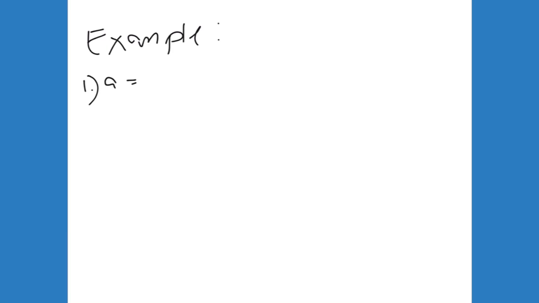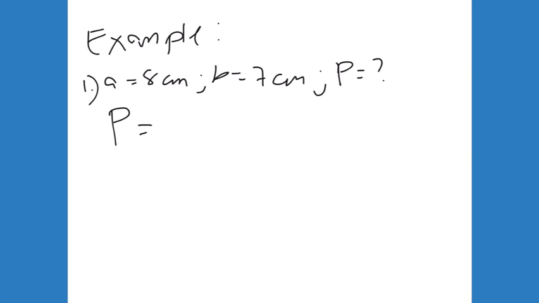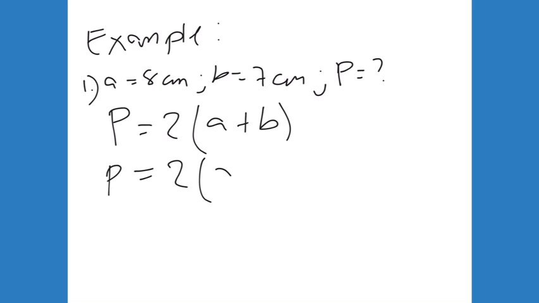If A is equal to 8 cm, then B is equal to 7 cm. What is now the perimeter of our parallelogram? Using the formula, P is equal to 2 times A plus B. P is equal to 2 times 8 cm plus the value of our B, which is 7 cm.